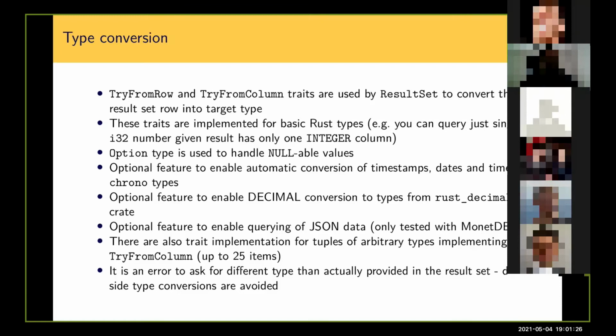So, a bit about this type conversion. As I mentioned, there are 2 traits that are defined and that are implemented for various things for you, but that you can also implement yourself for your own types. Basically, I have implementations for relevant Rust types.